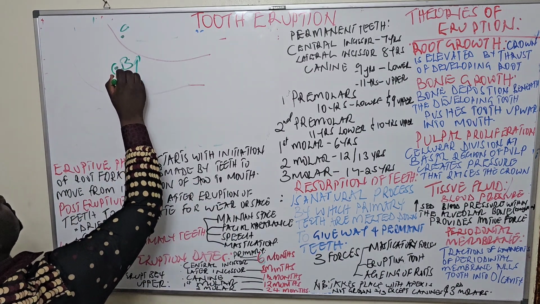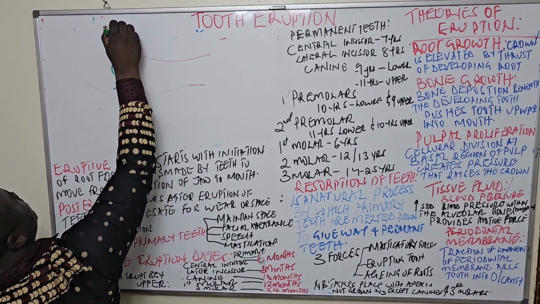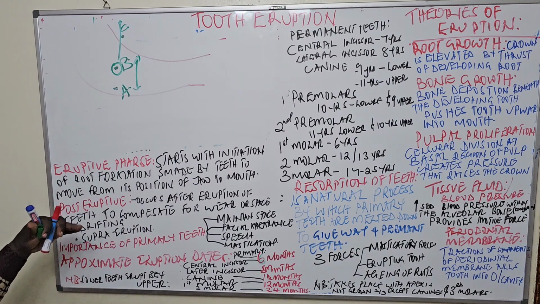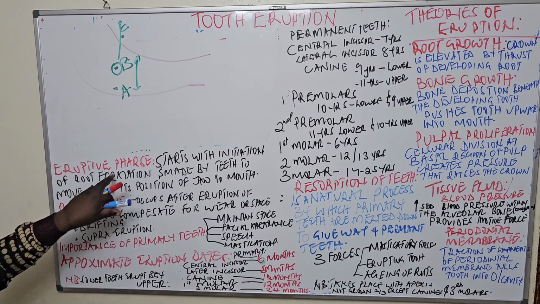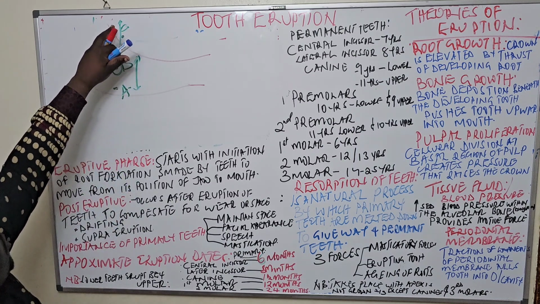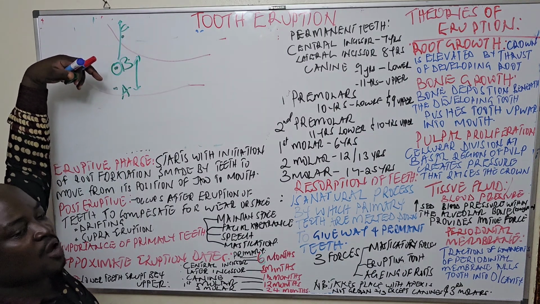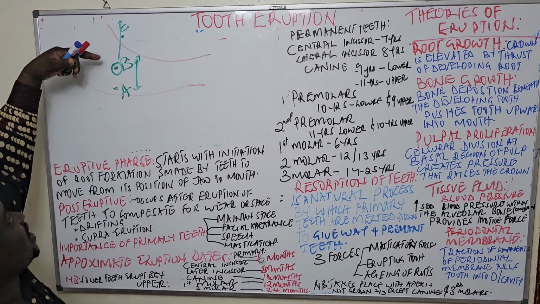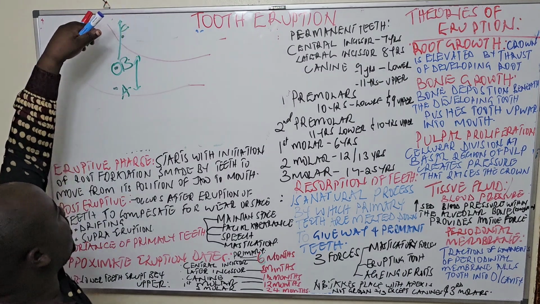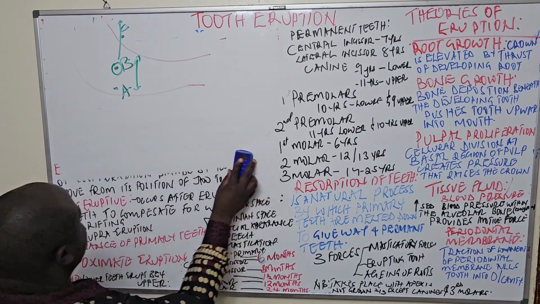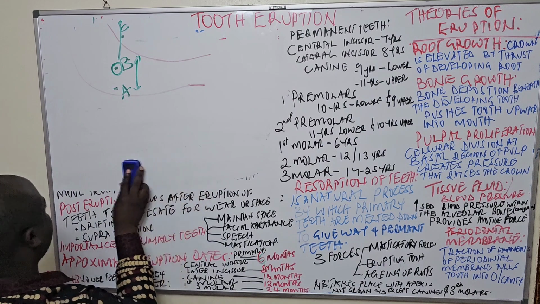Now from B to C. We have movement of a tooth from its position in the jaw, where we are not seeing with our eyes, to the oral cavity or the mouth, where we are seeing with our eyes. That is the eruptive phase.